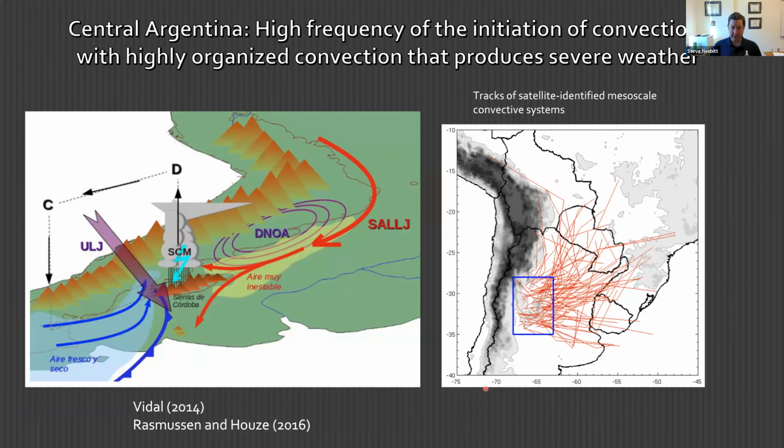So if we think about the geography of central and subtropical South America, the ingredients in terms of the fuel oftentimes come from the fact that you have the South American low-level jet, which is kind of like our counterpart here in the Great Plains, bringing moist, tropical, unstable air poleward in this case. And of course, the terrain of South America is very different than in the Rockies, where we have very high mountains.